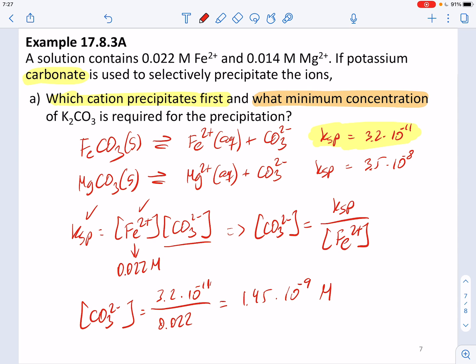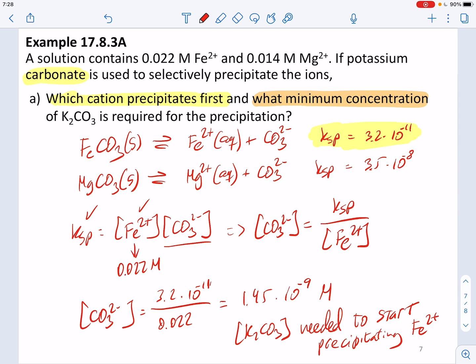So this is the concentration of potassium carbonate needed to start precipitating iron. At that point, when the concentration of carbonate reaches that value, you will start seeing a precipitate of iron carbonate. Okay, so that's the first question.